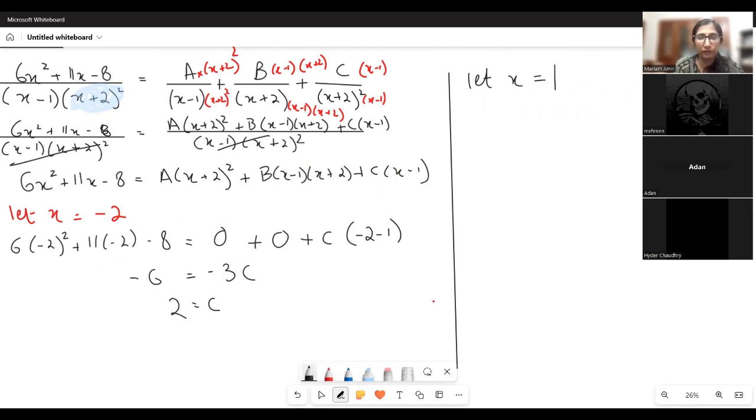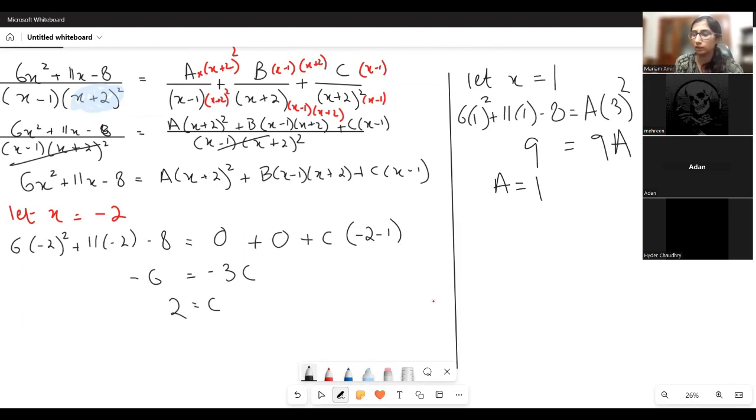So we have 6 times 1 square plus 11 times 1 minus 8 equals a times 1 plus 2 is 3, 3 square. So we have 9 here, and we have 6 plus 11 minus 8, which is 9. We have 9a equals 9. So a equals 1. And that is correct.